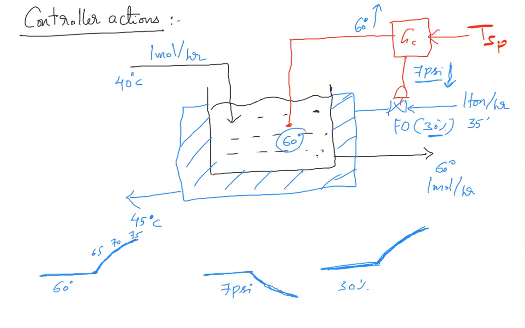So for me, if my input increases, my output decreases. Correct or not? So if the input increases, the output is decreasing. This is called the indirect action of the controller.